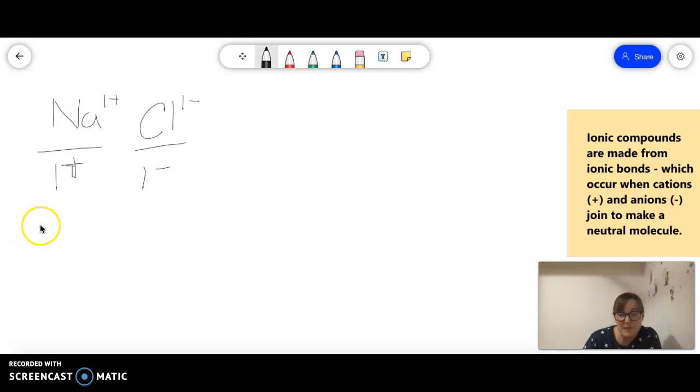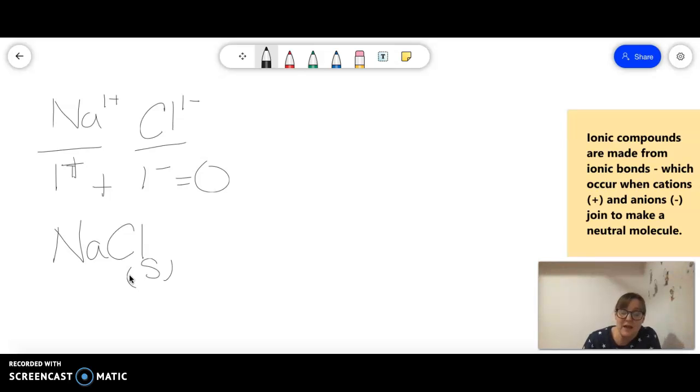So that means that these two particles, when you add them together, will make a neutral particle, meaning we will get NaCl. And because we don't write the ones when we are doing ionic compounds, you're just going to write NaCl, put your little solid beside it, and you're done.